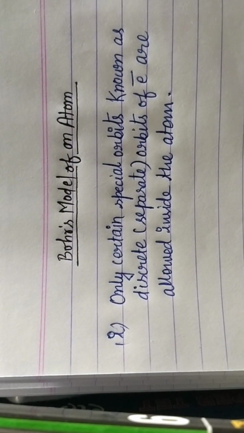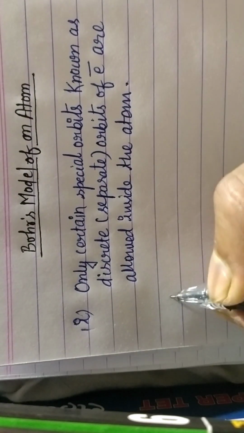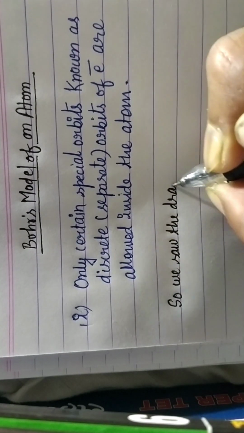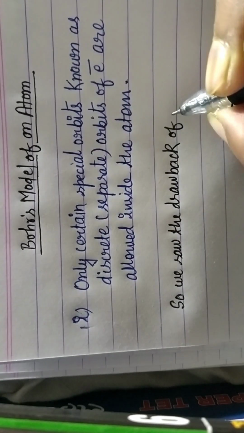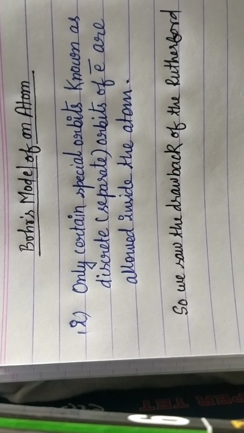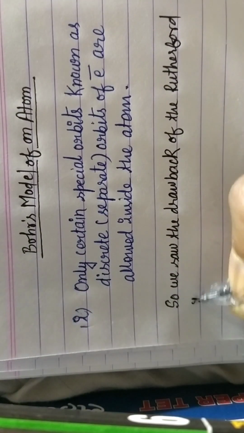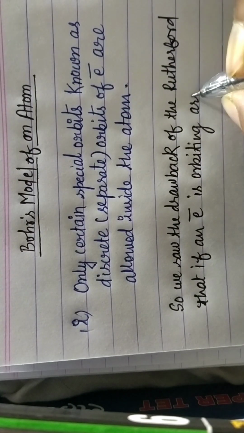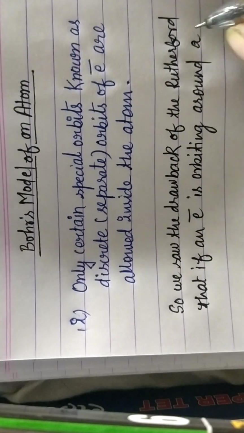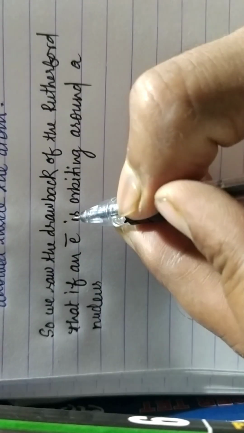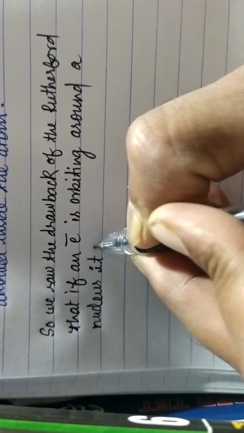So we saw the drawback of Rutherford: if an electron is orbiting around a nucleus, it will be accelerated.